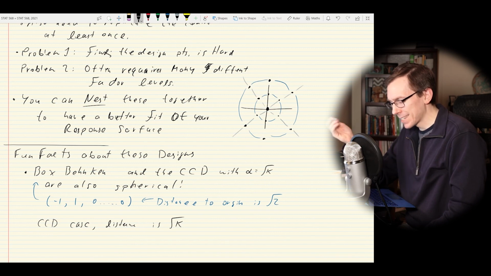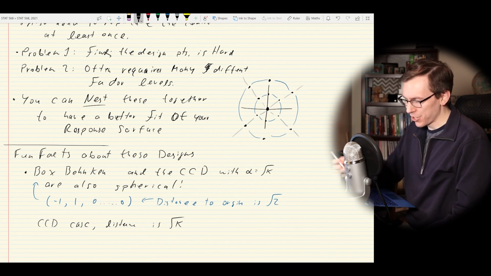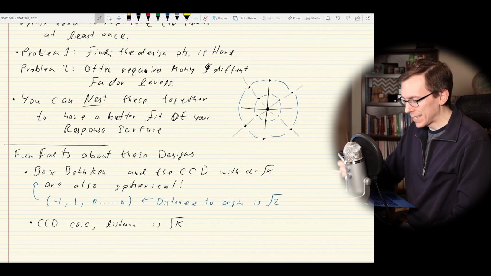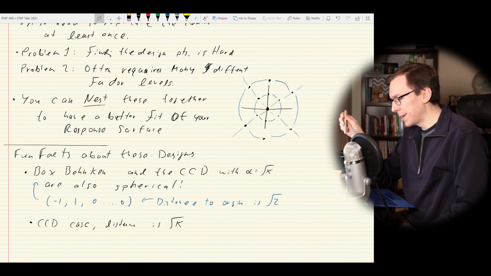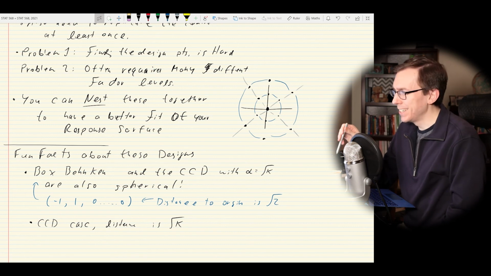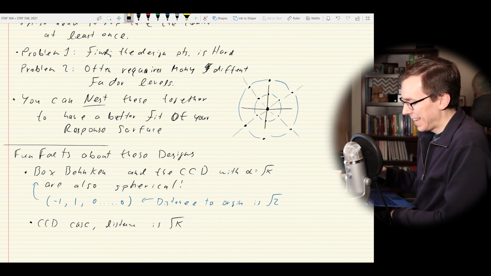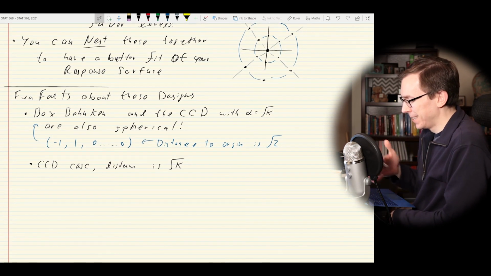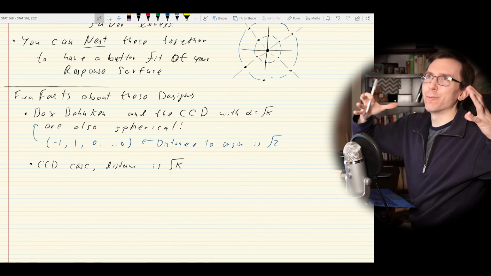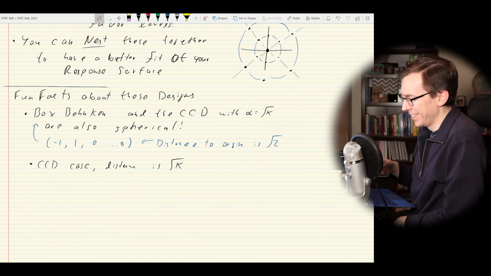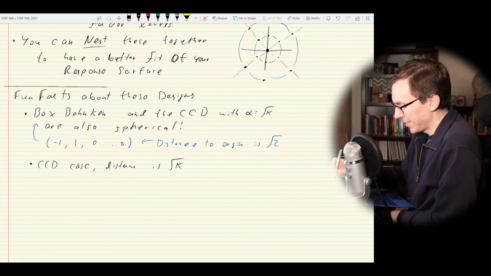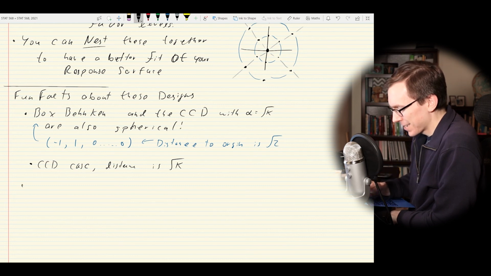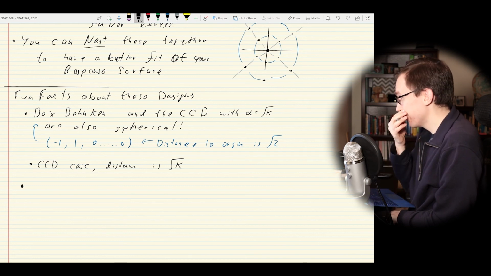Whereas our central composite design would have a sphere with a radius of root k. That's another thing you have to do for the uniform shell design, is figure out how far to space these apart, or how big the radius should be. There are a lot of subtleties that you have to figure out how to select when you do these.